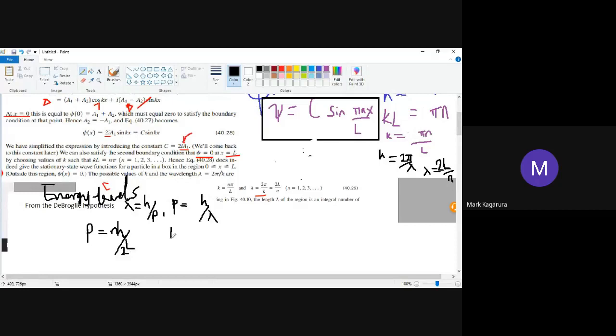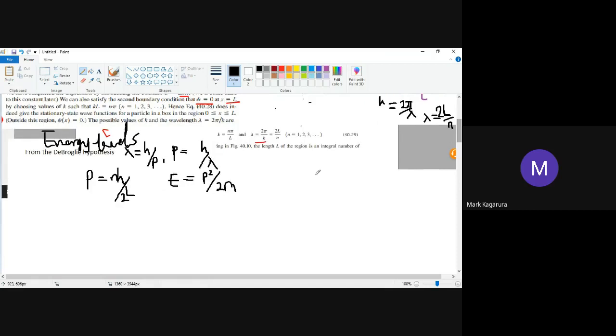Now we know that E is equal to P squared over 2M. So if we substitute for P there, we'll have n h.